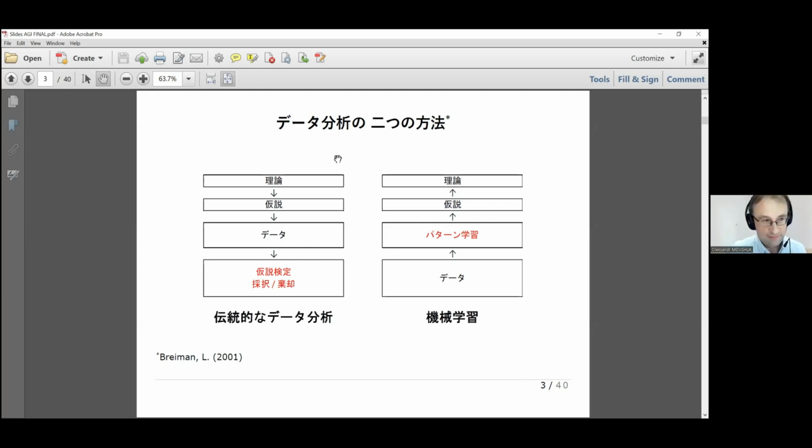In machine learning, the sequence is completely different. First of all, there is no initial model to speak about. We start with data, and without specifying any initial model, we try to look at different patterns in the data, and the goal is to find the best model with the smallest prediction residual. Whereas in conventional analysis the focus is on parameters, in machine learning the focus is on the predictive ability of the estimated model.